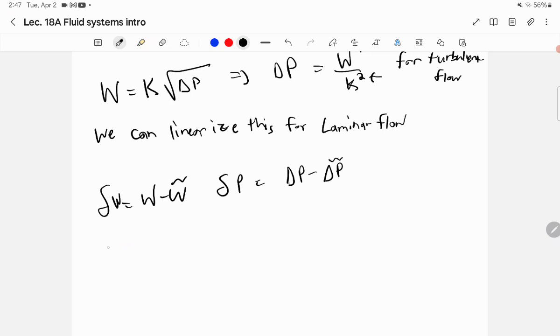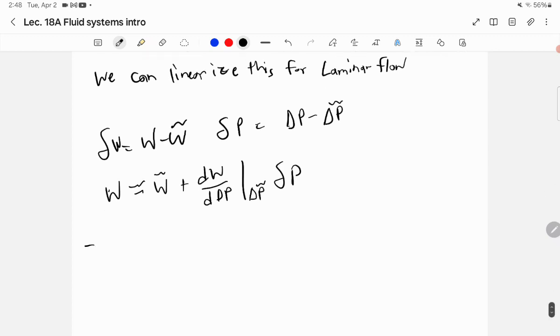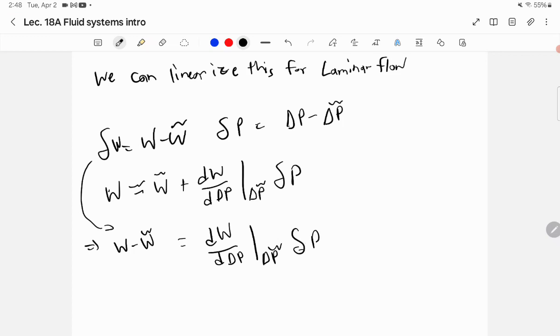And then we know, of course, that w should be approximately equal to w tilde plus dw d delta p evaluated at delta p tilde times lowercase delta p, which obviously means that w minus w tilde, which is our delta w, right, is equal to dw d delta p evaluated at delta p tilde times lowercase delta p.